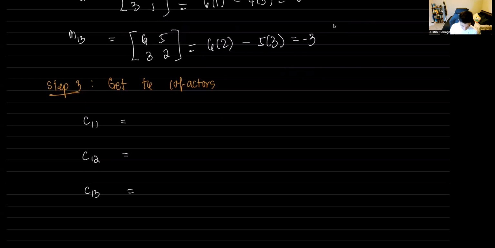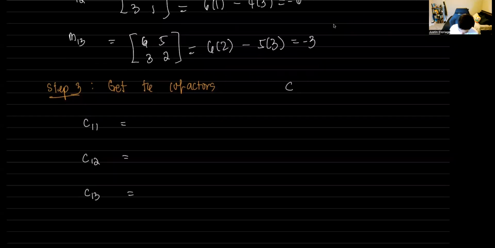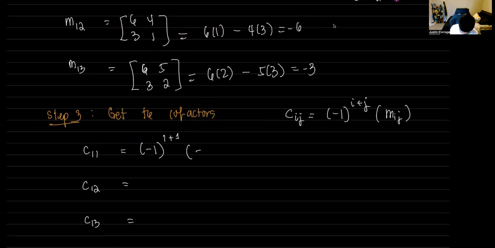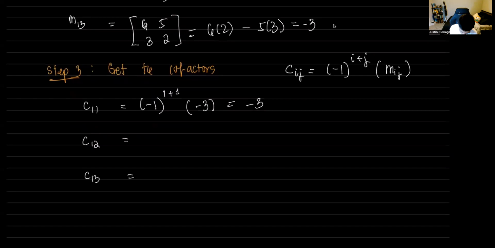This has a standard formula: Cij is equal to -1 raised to i plus j times Mij. C11 is on the first row, first column, so it's -1 to the 1 plus 1 times the minor M11, that's -3. Because this is +1 times -3, we have -3.